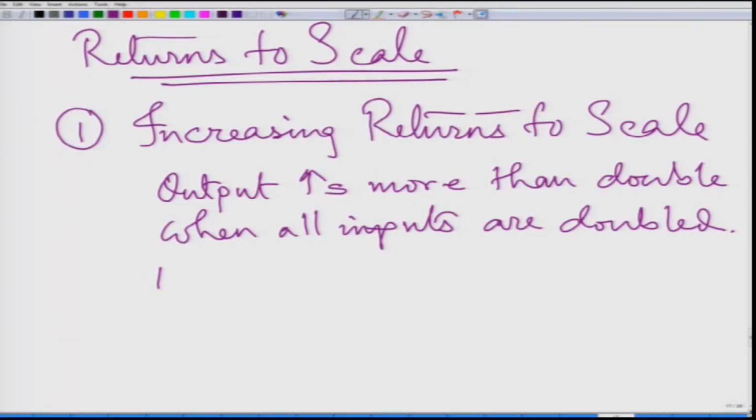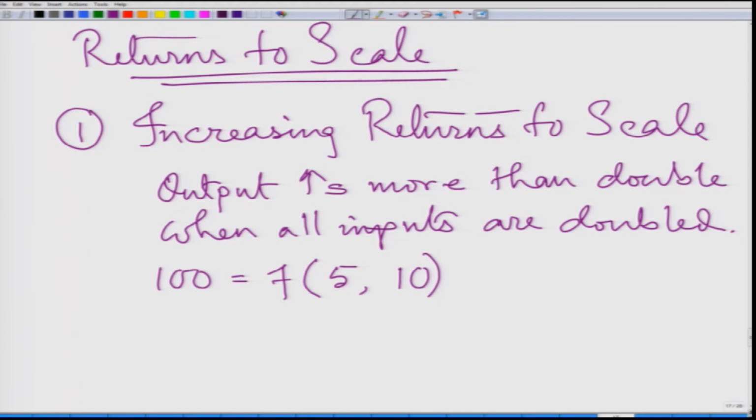Say my production function is 100 patients being served with 5 doctors and 10 beds.